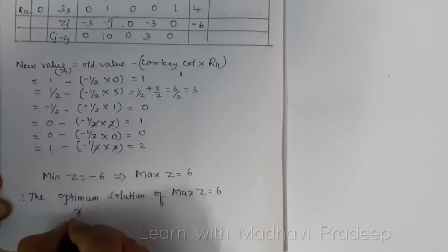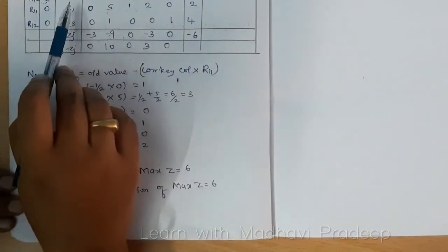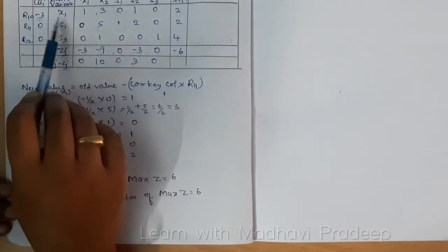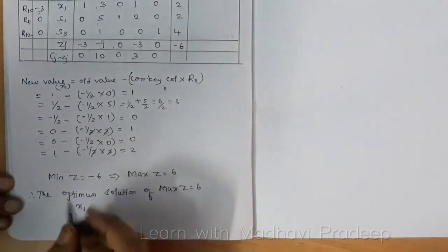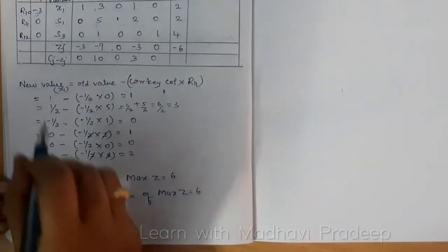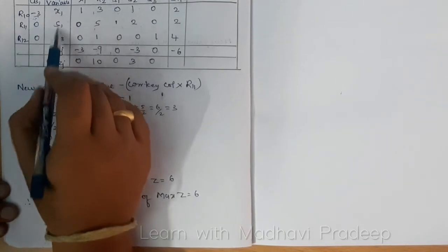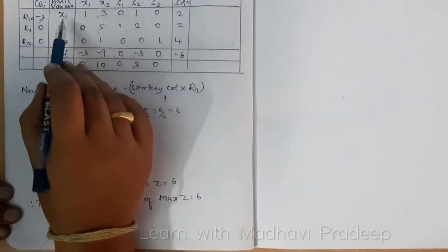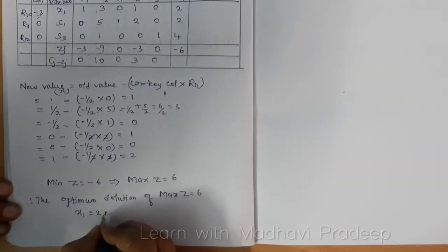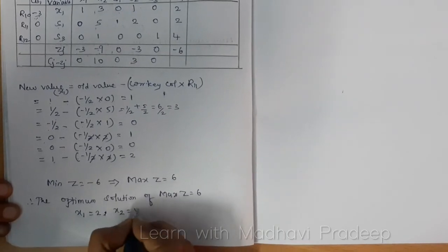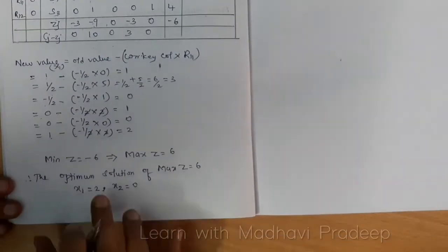The x1 solution value is 2, so x1 value is 2. Then the x2 value: x2 has not arrived in the basis at all. Only x1 has arrived, so the x2 value is 0. This is our optimum solution.